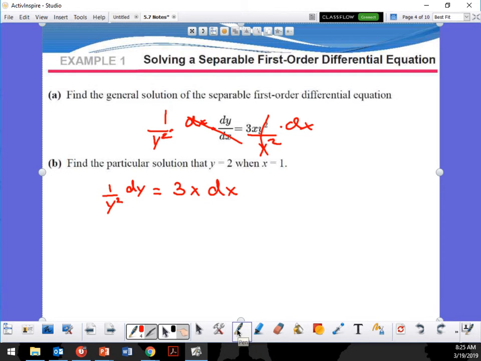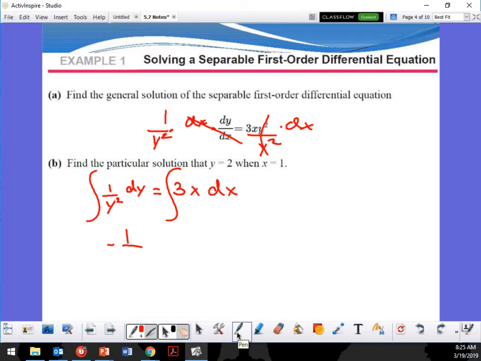So here, right here I move my y squared up, so that becomes y to the -2, right?